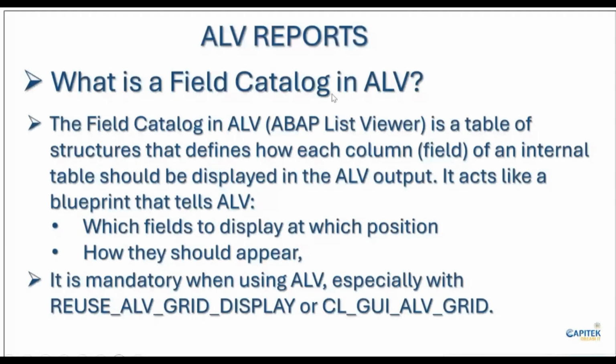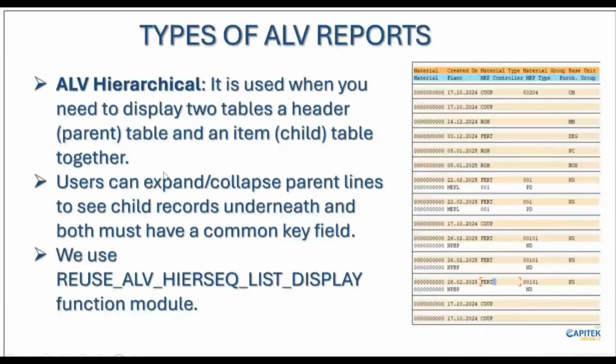In this example, you will have many columns. When we talk about the field catalog, it means a catalog which contains different fields. Hopefully you know the meaning of catalog, right?